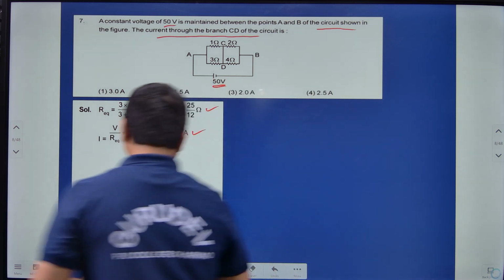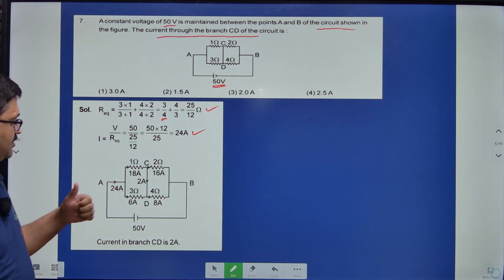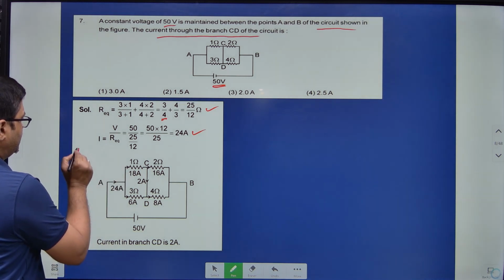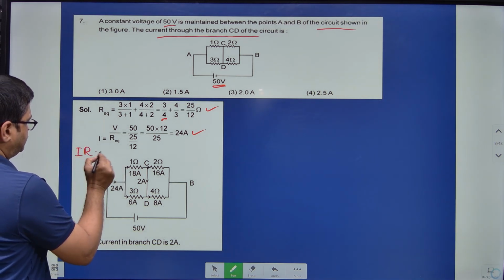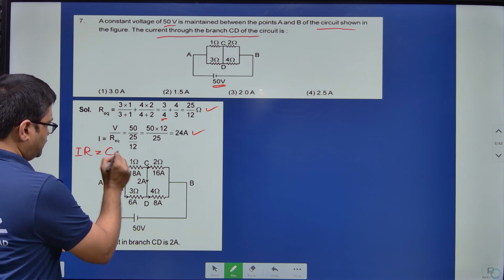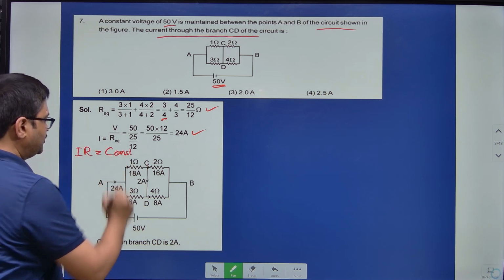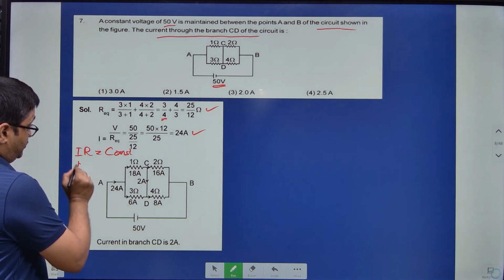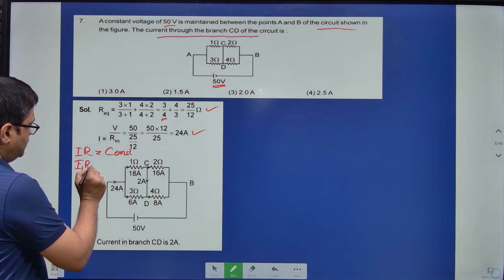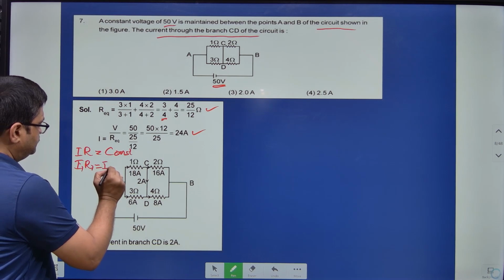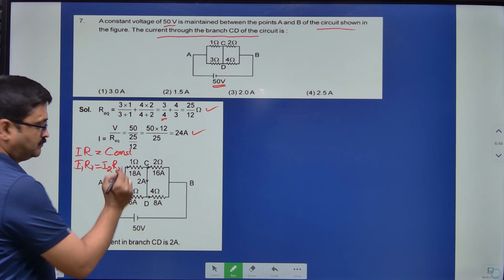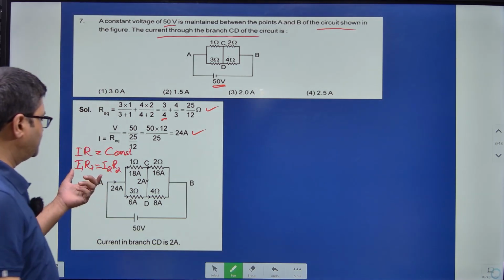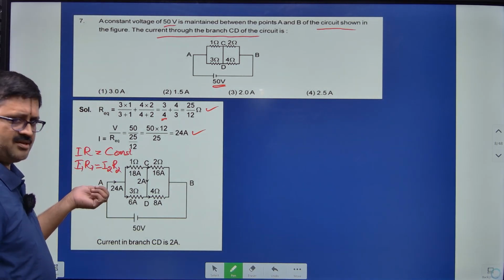Now, in between 1 and 3, if you consider the parallel combination, I know that I into R is constant. If I into R is constant, then I can very easily see that I1 R1 equal to I2 R2. Now, ratio of currents and ratio of resistors we should consider.